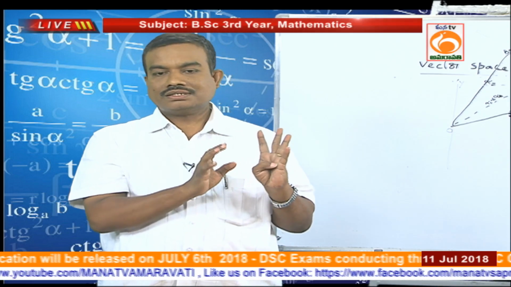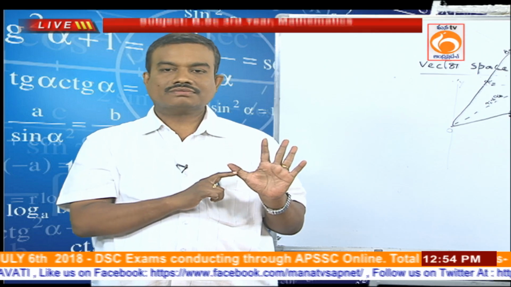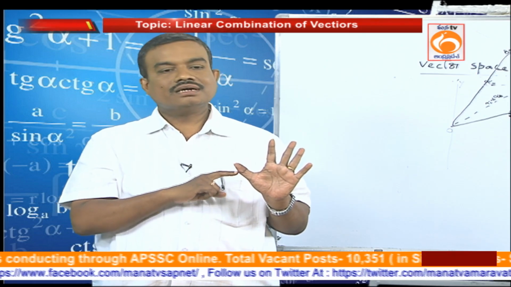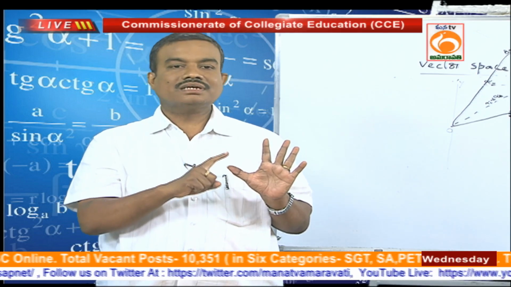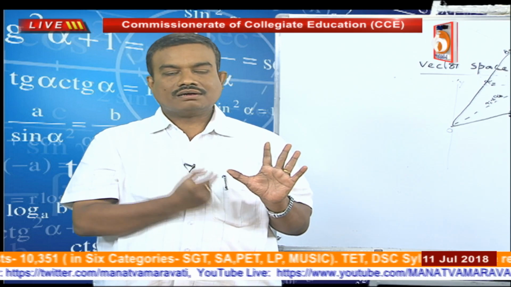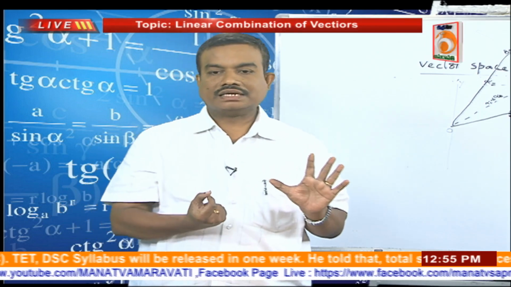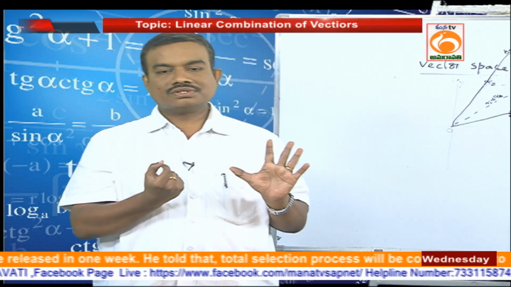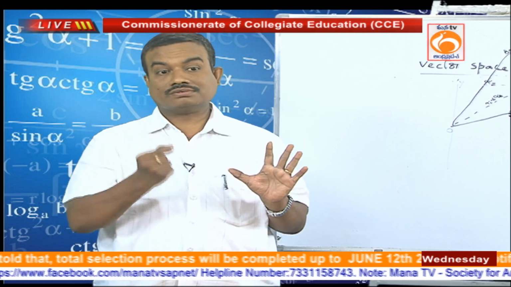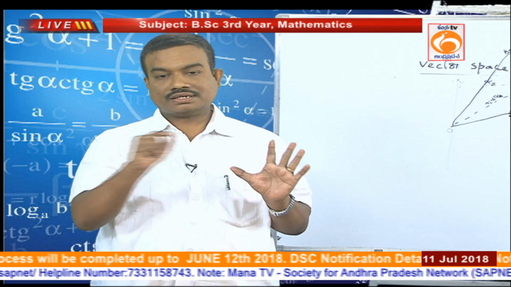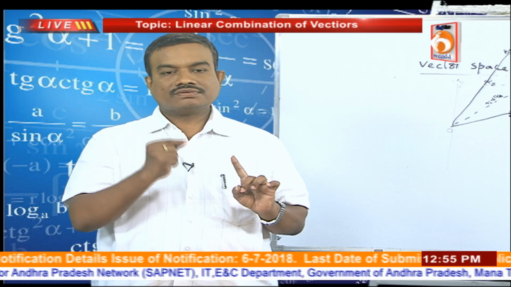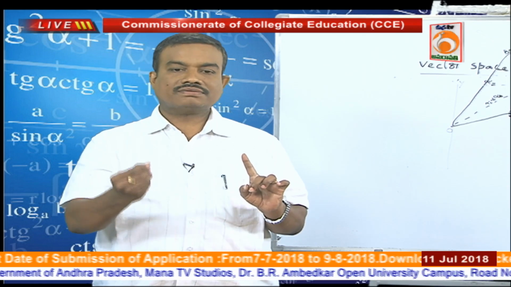The second topic was subspaces, where we defined what a subspace is and provided some examples and verifications, and also the very important necessary and sufficient theorem which we proved in this class. Students, please note that this is a very important theorem for exams also; the proof will be asked, state and prove. And finally, in the third topic we defined what a linear combination of vectors is and observed some properties of linear span L of S and a simple problem.